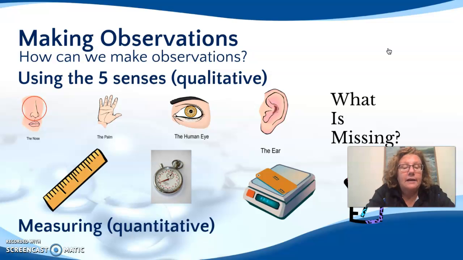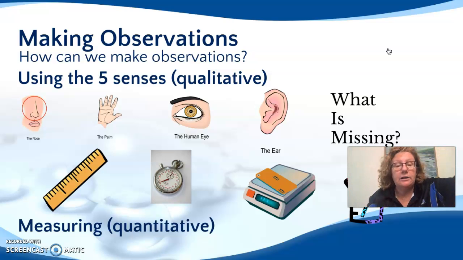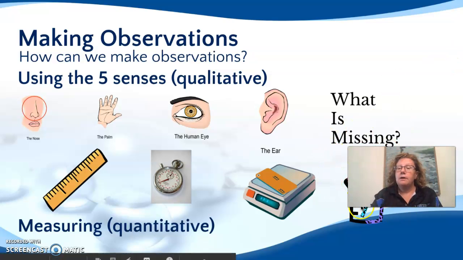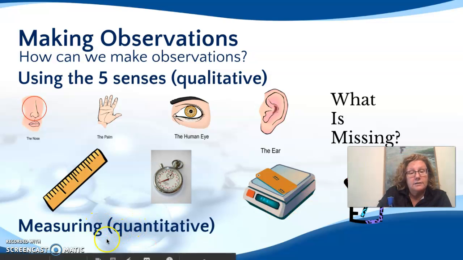But the quantitative observations are the ones where you use rulers, or in my case, a measuring tape. You might use a timer, or you might use a balance, or you might use a thermometer to measure the temperature. There are many quantitative measurements that you can make. So quantitative, if you notice the word quant, that means quantity.